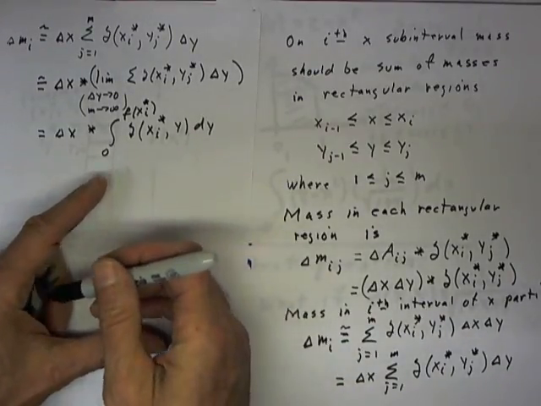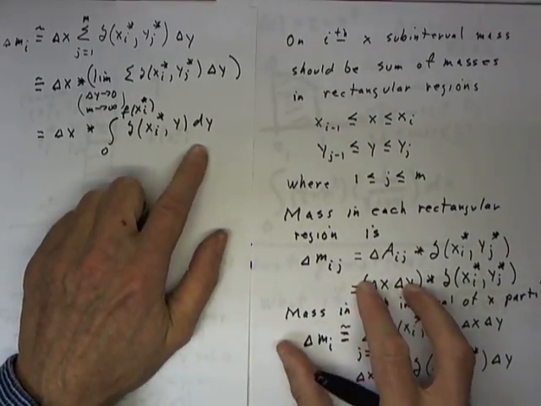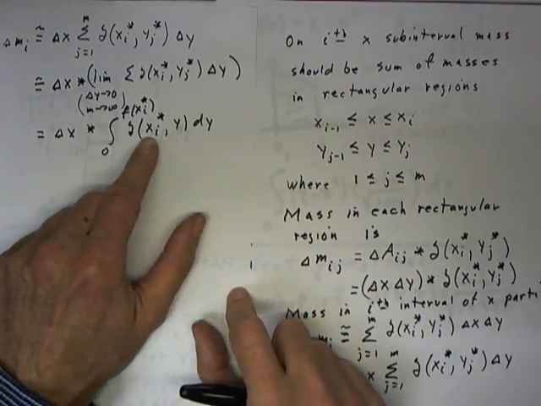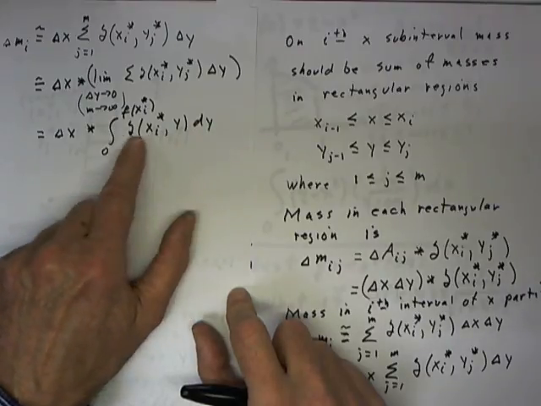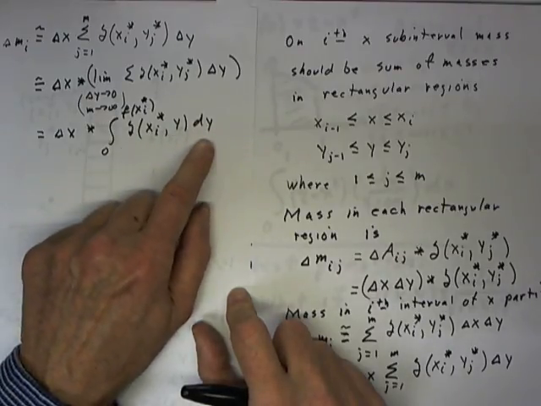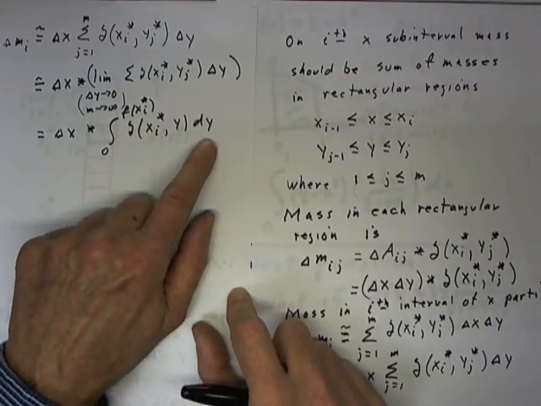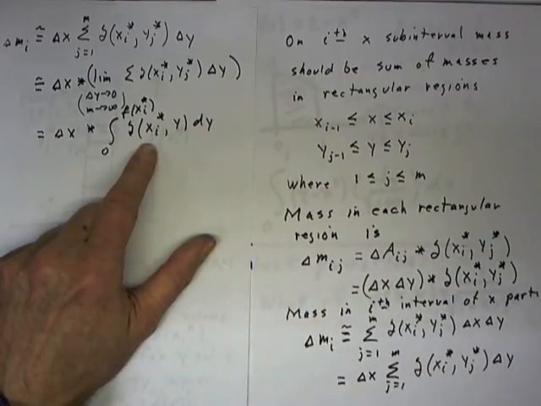And following the lead that we established when doing partial derivatives, when doing this integral, our x sub i star is going to remain constant. Our y is going to vary, so in the process of integration, we're going to be integrating this function as a function of y with the assumption that our x remains constant.